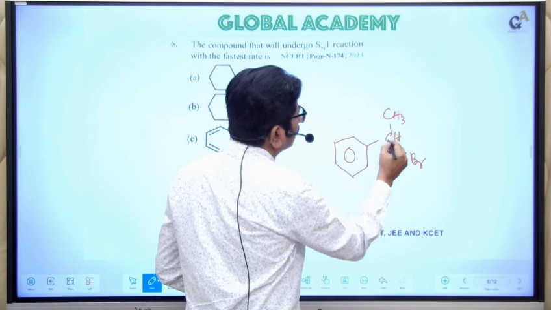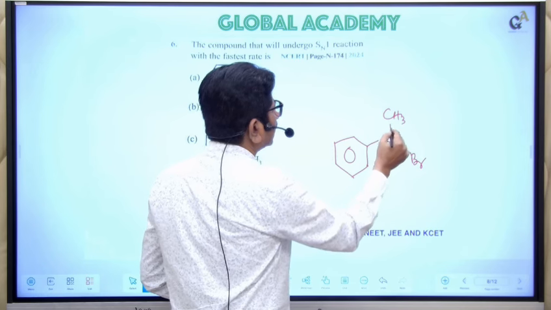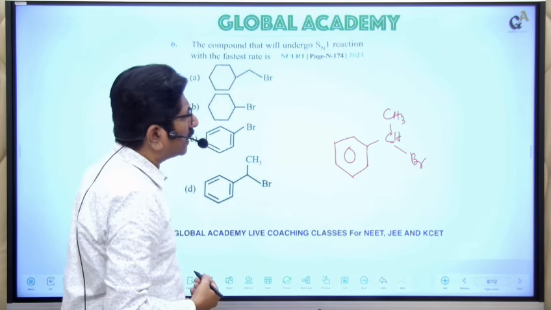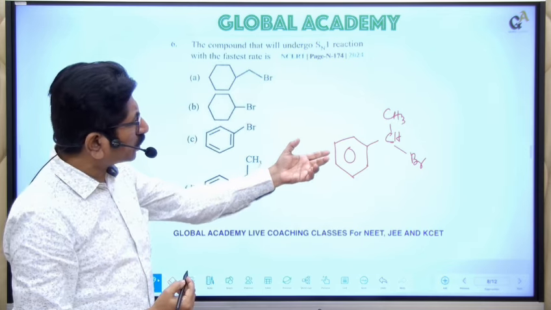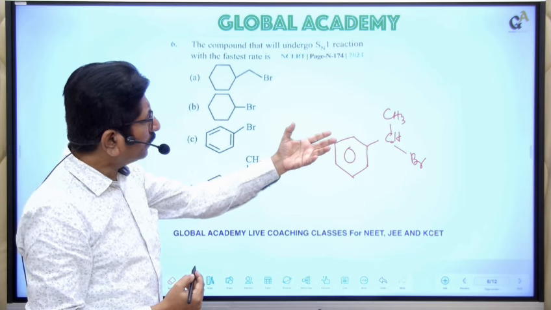This is a secondary carbon with one hydrogen, and hence it forms the secondary carbocation very easily, very fast.